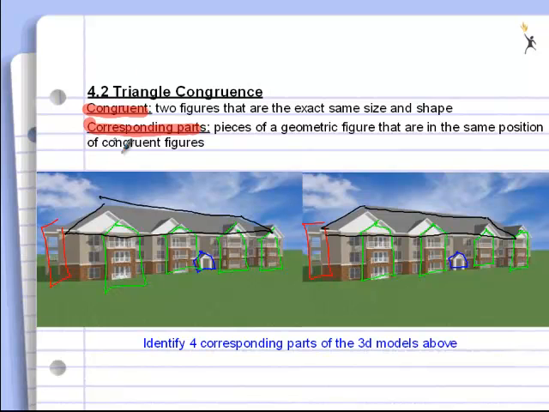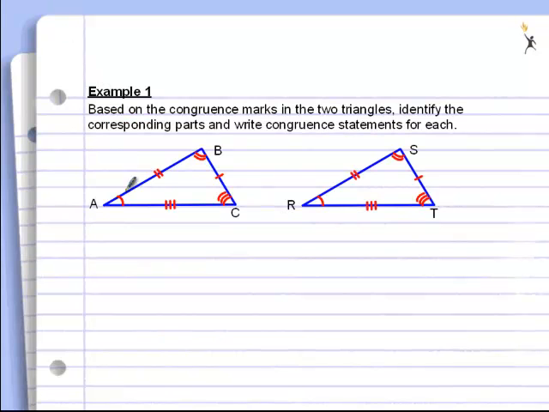Let's apply that idea of corresponding to a triangle. Based on these congruency marks of these two triangles, we want to identify all the corresponding pieces. We want every piece of one to line up with a piece of the other. So let's go through the sides first of all, and then we'll talk about the angles. The first thing that I'm going to look at is side AB.